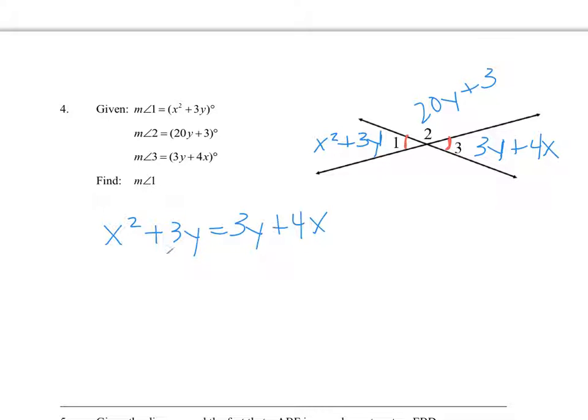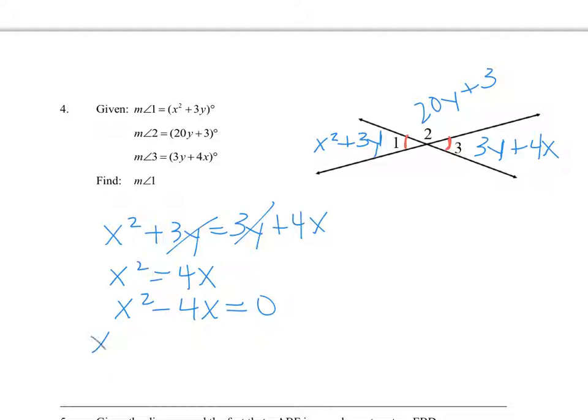And look at that, the 3y's actually cancel. So we're left with x squared equals 4x. And be careful here because this is still a quadratic. So if x squared equals 4x, we're still going to subtract 4x and set it equal to 0.